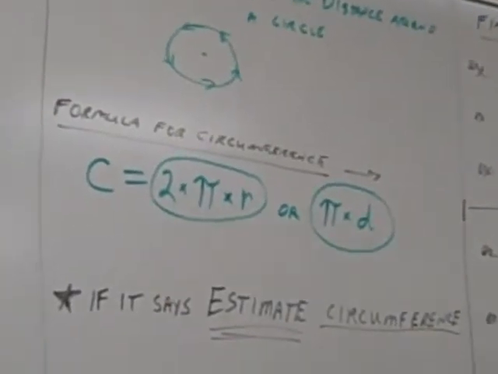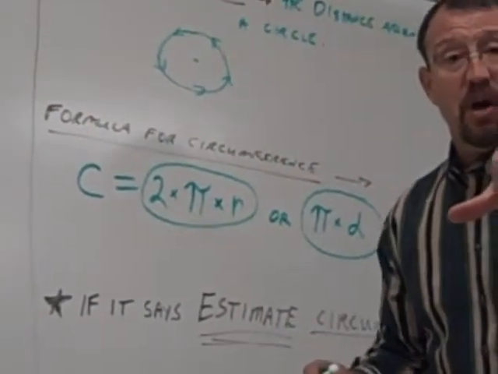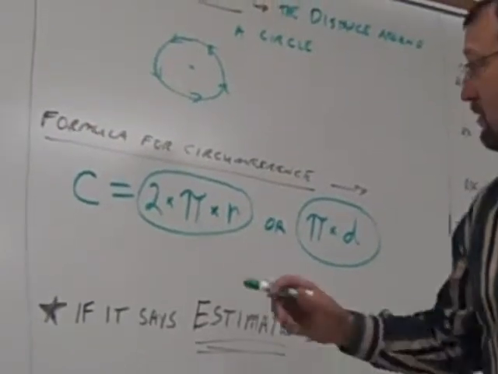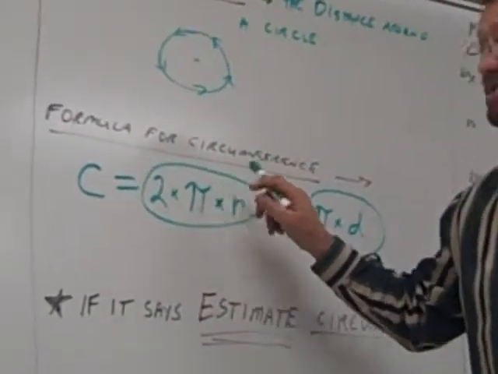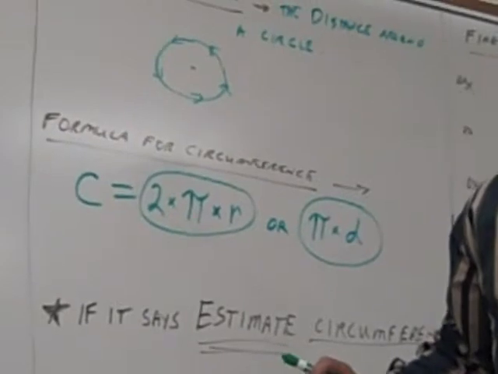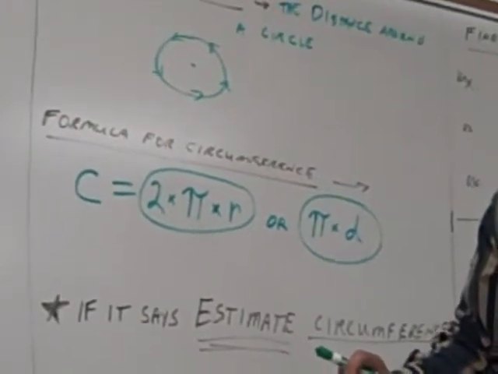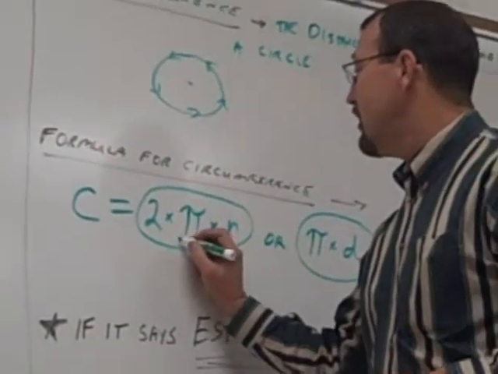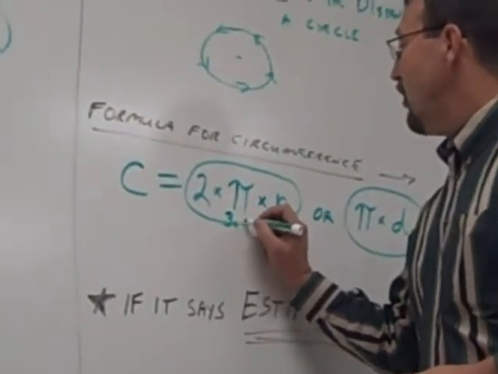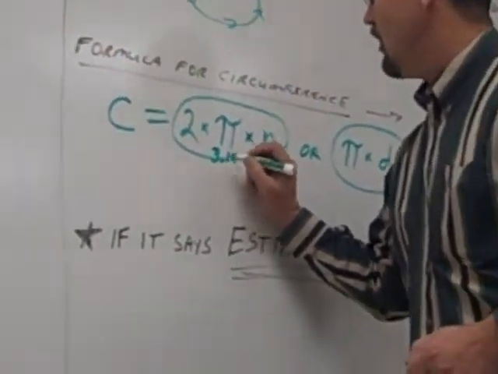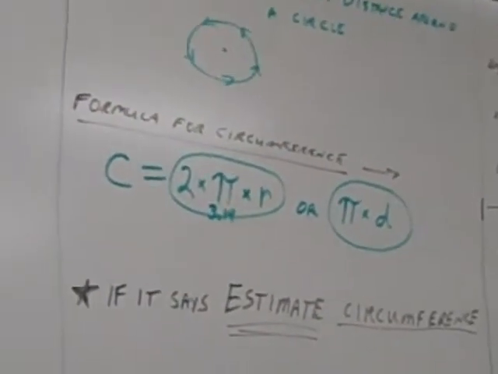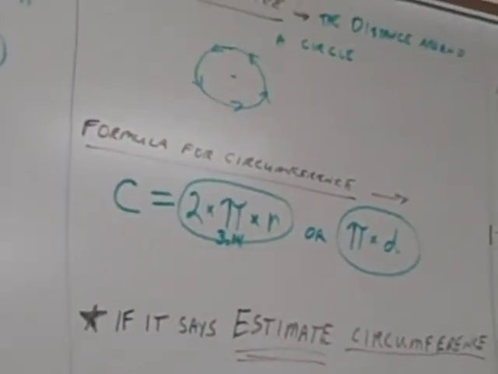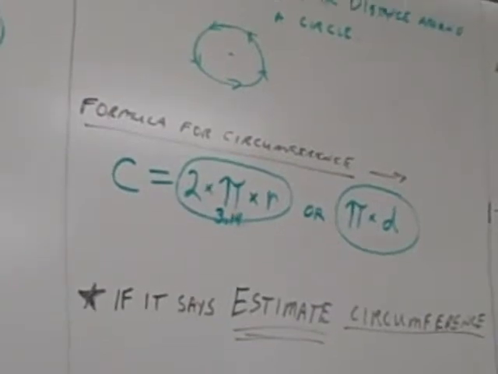All right. According to our chart, this symbol, pi, 2 straight lines with a snake on top, means something. What does it mean? It means the number 3.14. 3 and 14 hundredths. And I'll show you something about pi in a little while.